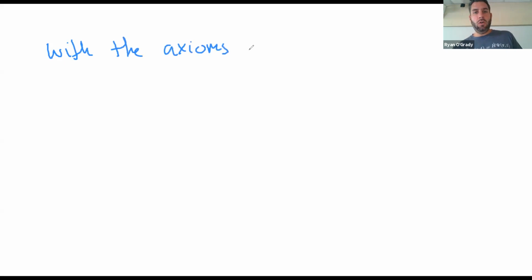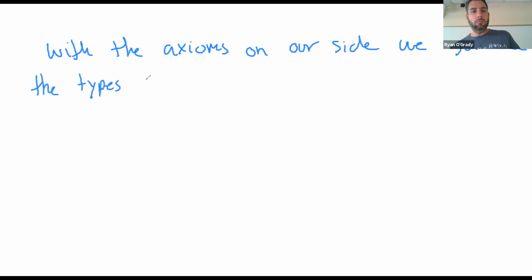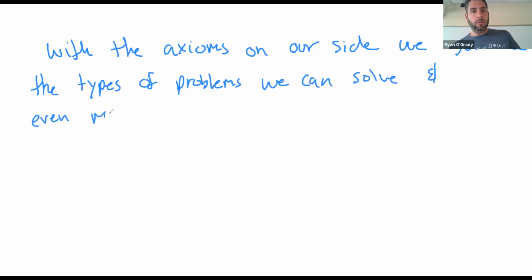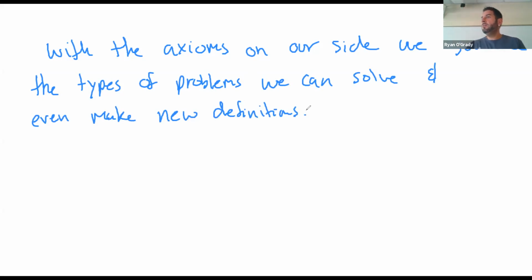So with the axioms on our side, we can generalize the types of problems we can solve, and even make new definitions.